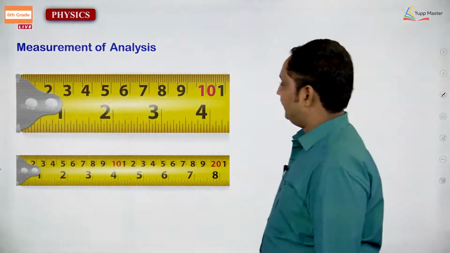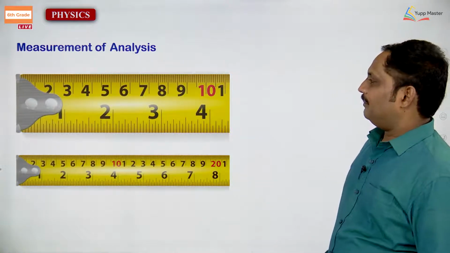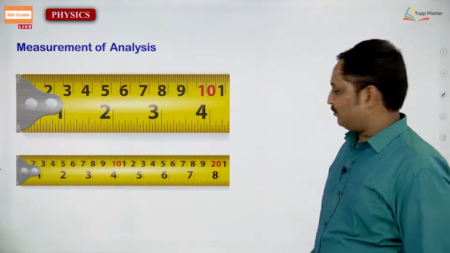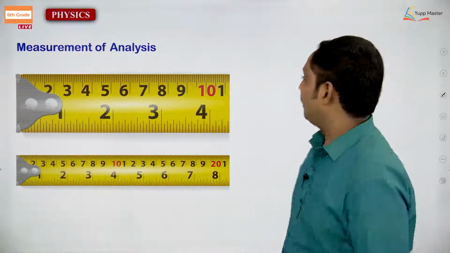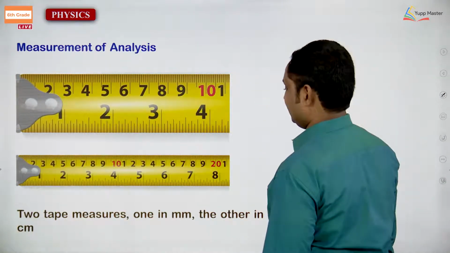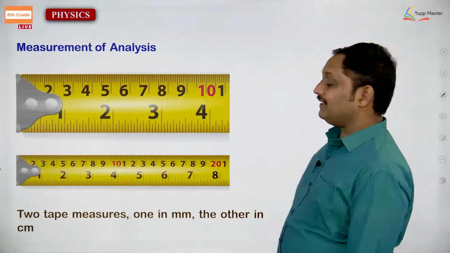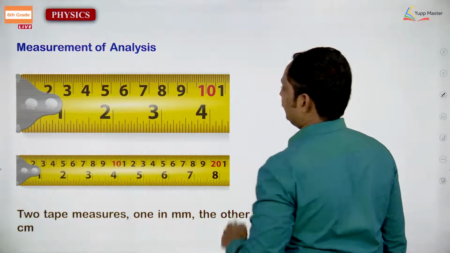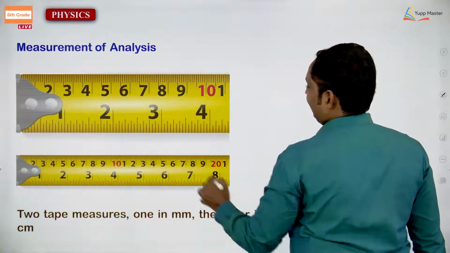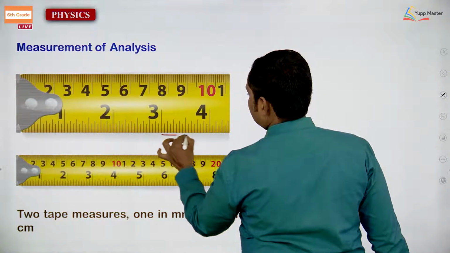This is very simple. We are getting that measuring tape. By using this measuring tape, we can measure the length. There are 2 tape measurements, one in mm, another in centimeter. Just have a look, please identify this.